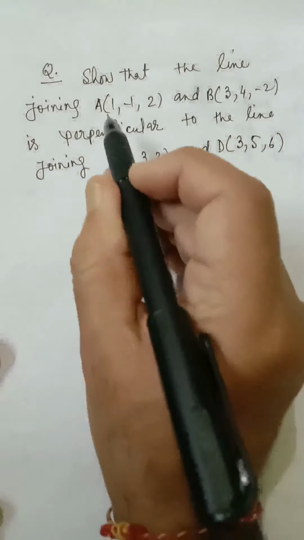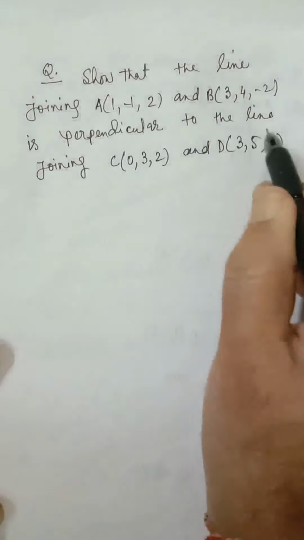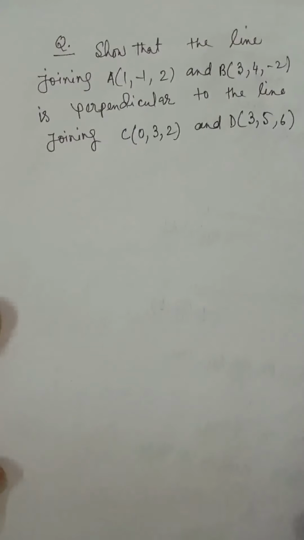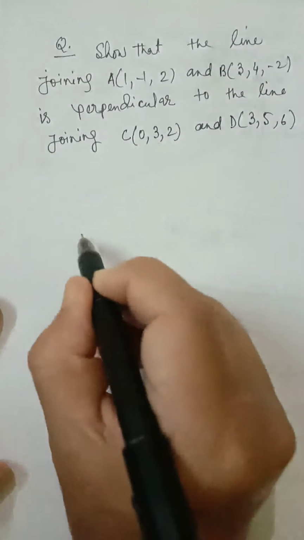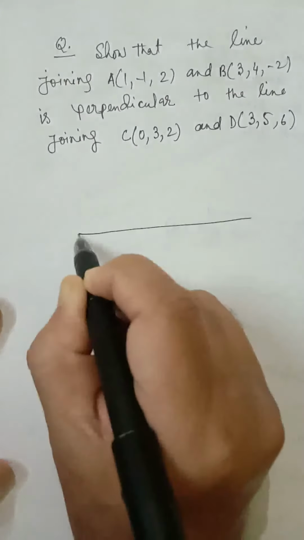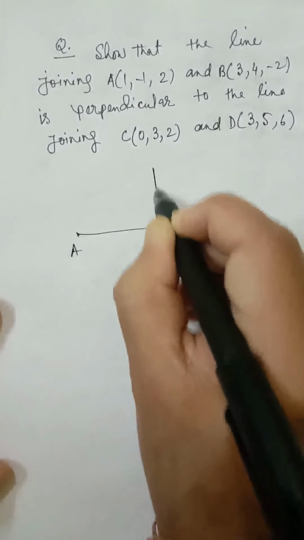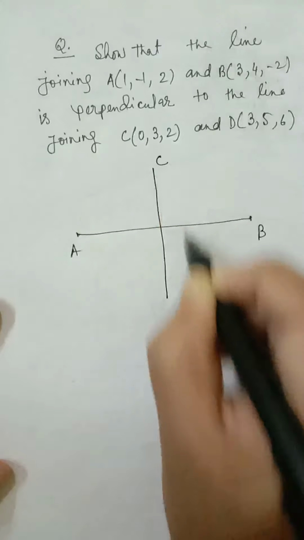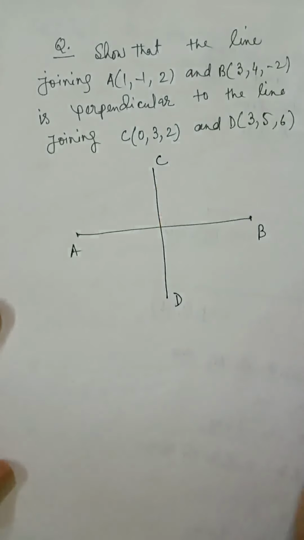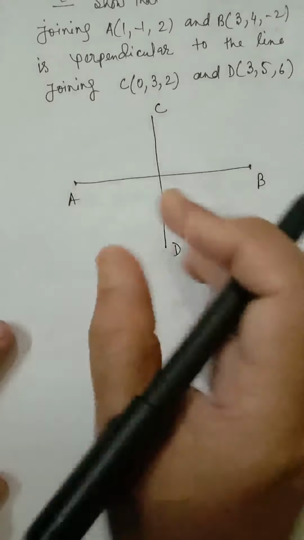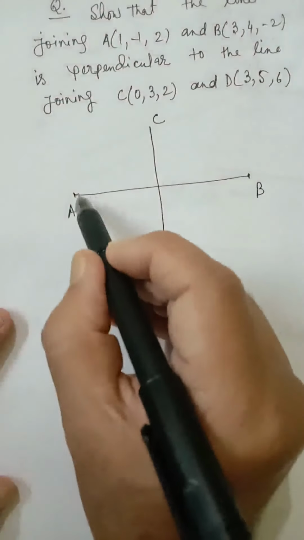Next question is, show that the line joining A and B is perpendicular to the line joining C and D. So four points are given, A, B and C, D. What we have to prove? Line joining AB and CD are perpendicular to each other. So first of all, we will find the direction ratios of AB.